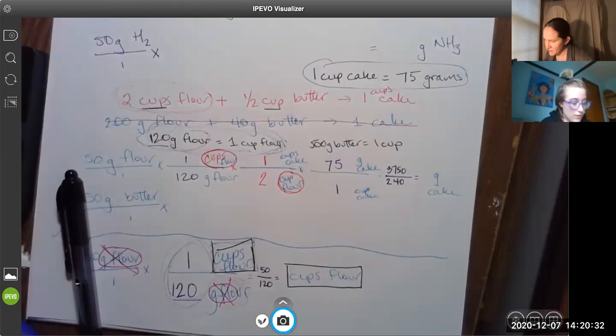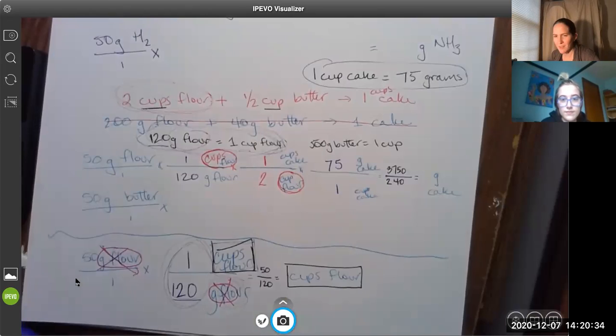And then you take 3,750 over 240 to get how many cupcakes or grams of cake? Yes. I think that would be around 15 and a half.